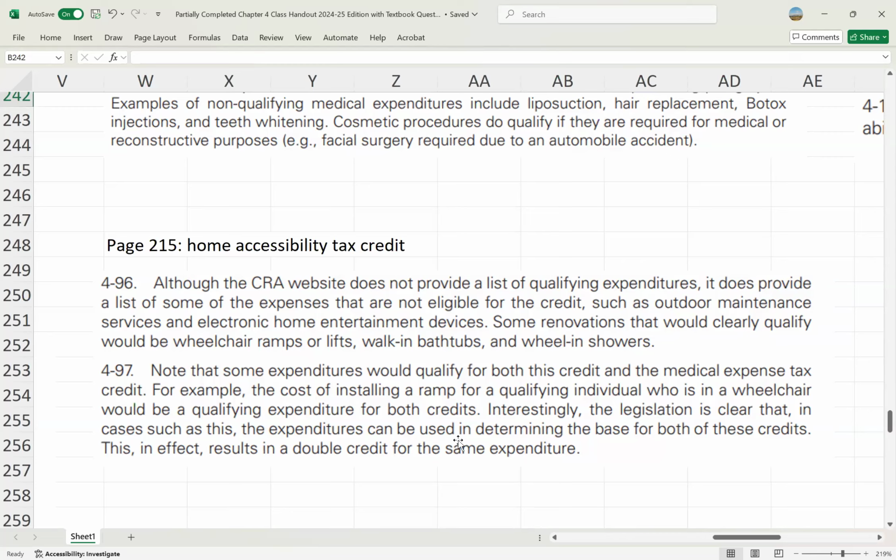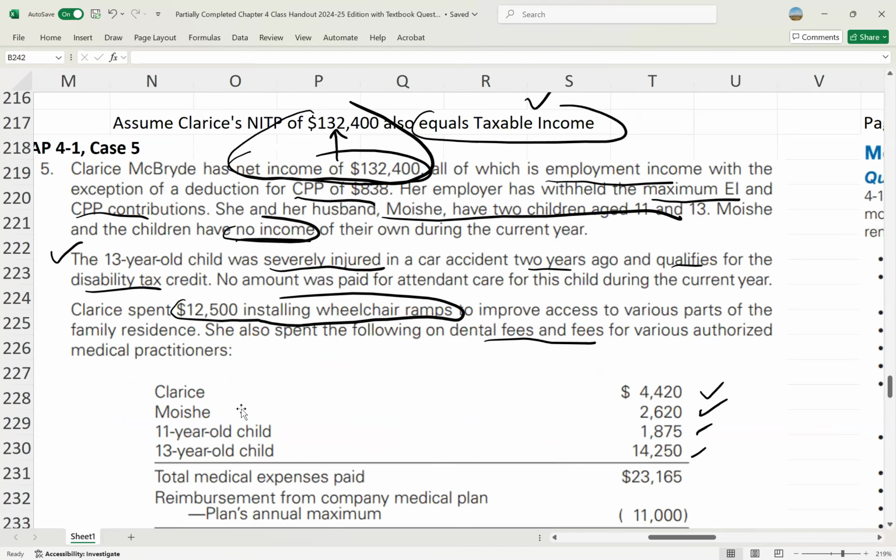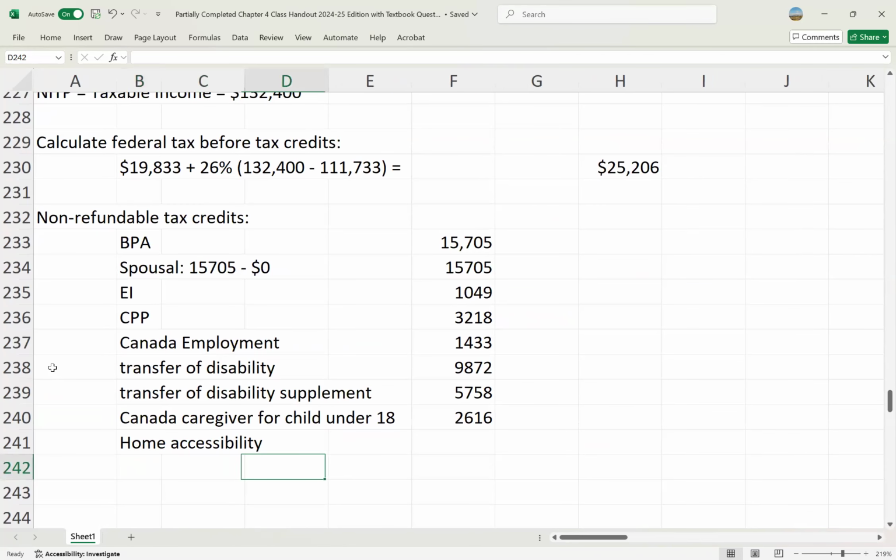And this talks about wheelchair ramps. So if we go back to the question, this 12,500 wheelchair ramp would qualify for the home accessibility. So let's put that down in our list of tax credits, 12,500.